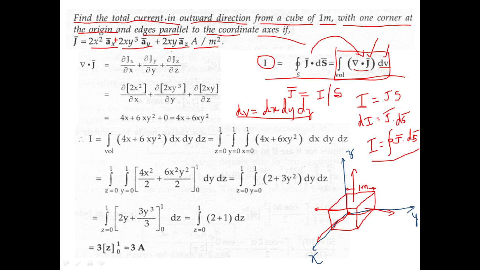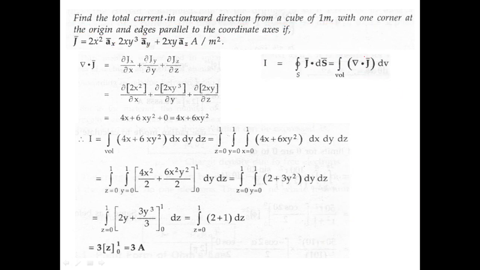Now first we need to find divergence of j vector. So divergence of j vector in Cartesian coordinate system is given by this one, right? So now dou by dou x of jx, dou by dou y of jy plus dou by dou z of jz, right?